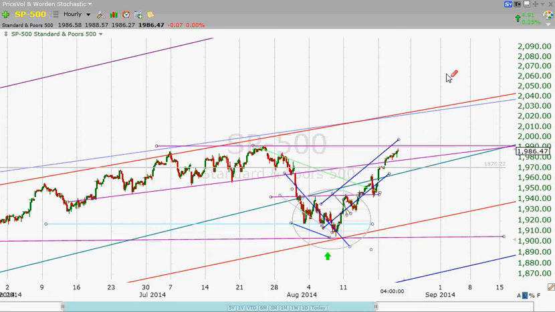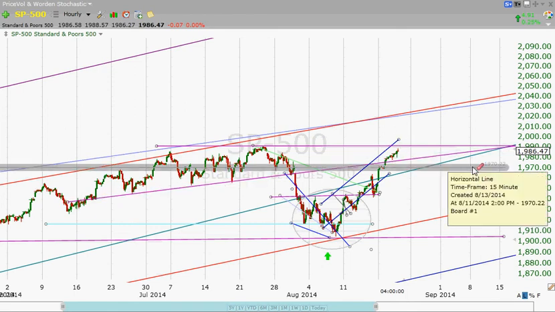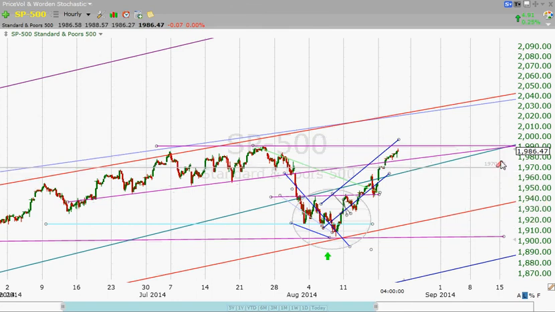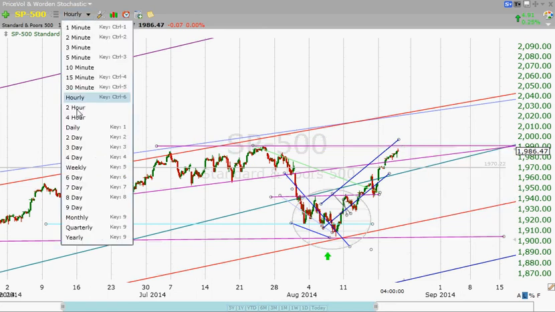That's gone. What I'm looking for is, I will be very interested to see what transpires over the next 2 to 3 weeks. Okay? Is it possible that we just blow on up through this line? Absolutely.